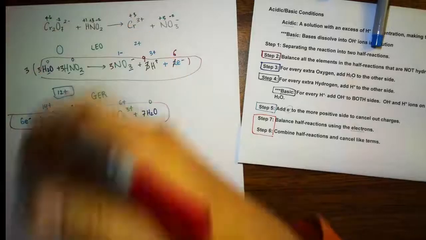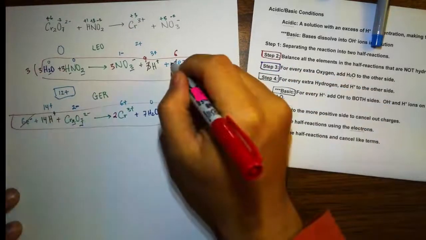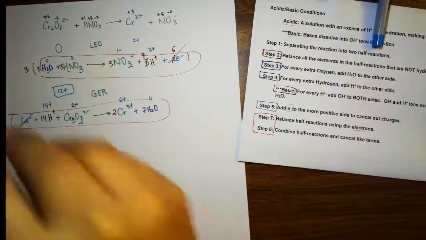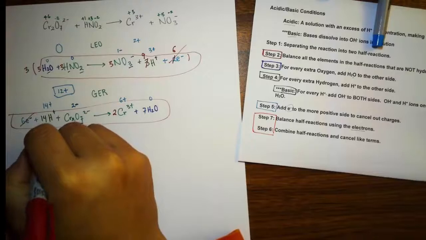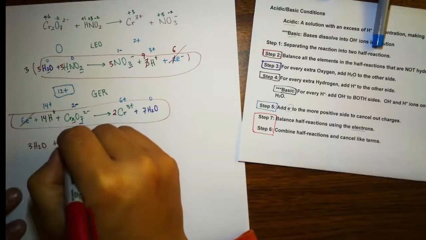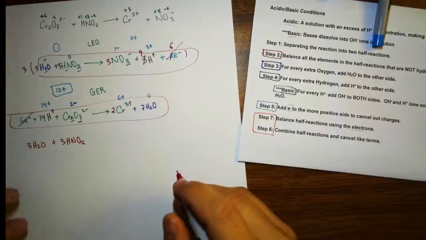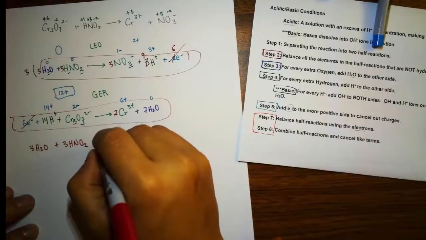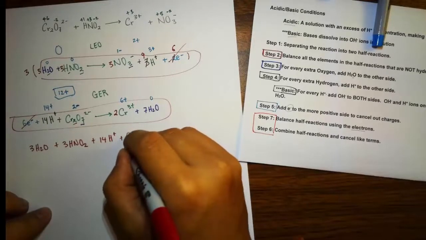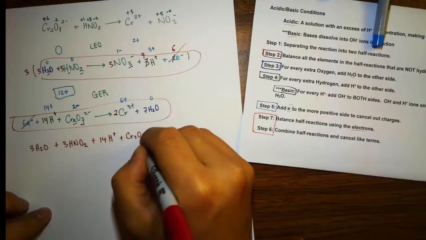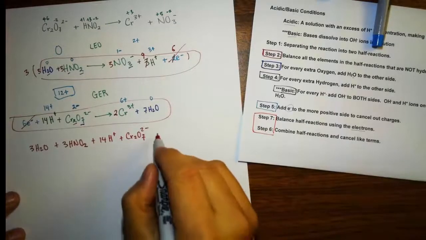So now let's go back and combine our half reactions. Of course, we can cancel out the electron. We don't need to write out the electron. Starting from the top, we have 3H2O plus 3HNO2. Now going down, we have 14H plus, and we have Cr2O7 2 minus, and that's it for the reactant side.